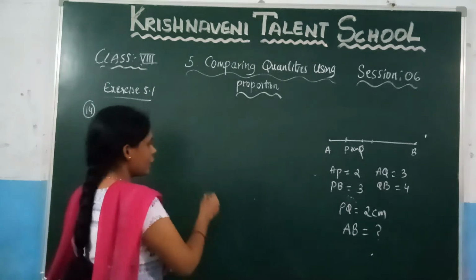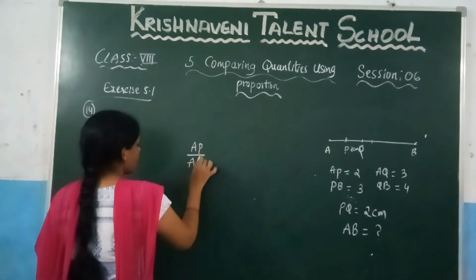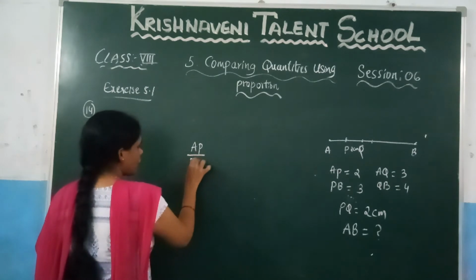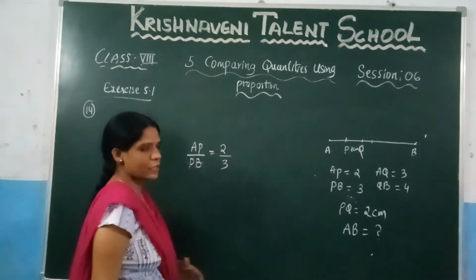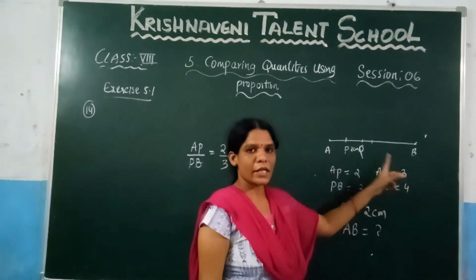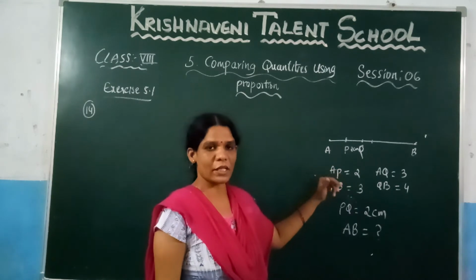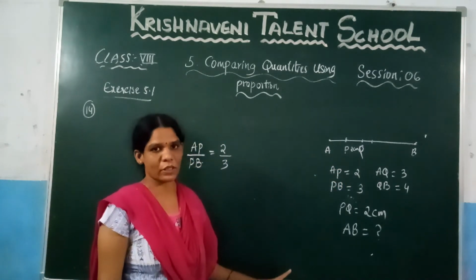So you can write it here, AP by PB. That means what they have given here, AP by PB is equal to 2/3. This point divides this total line in the ratio of 2:3. You know that ratio you can write as 2/3 or 2:3, anything you can write.